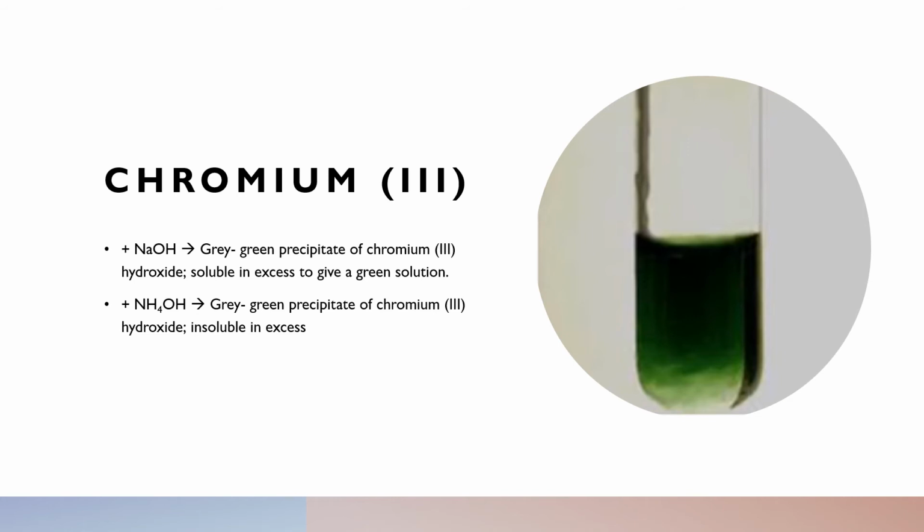Chromium 3 ion, Cr3+ ion, when we add NaOH, will form a green precipitate that dissolves in excess NaOH. Because Cr3+ is an amphoteric, it will react with NaOH. The Cr(OH)3 will react with NaOH.